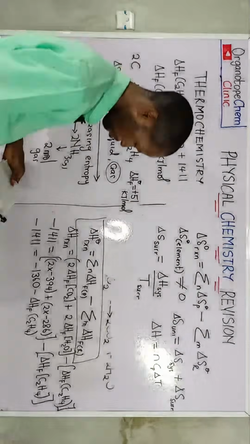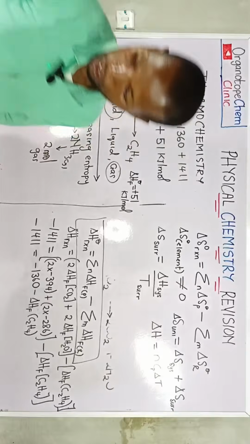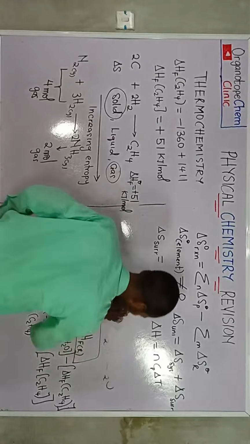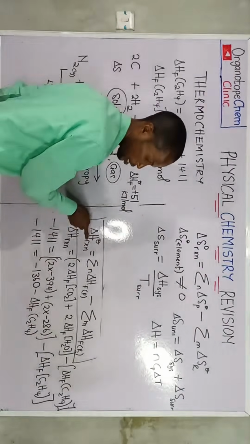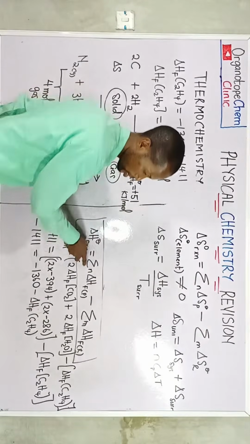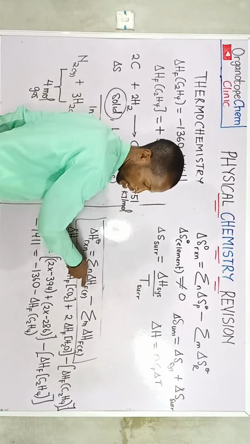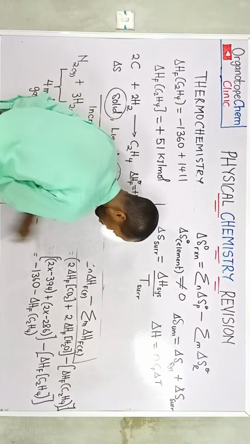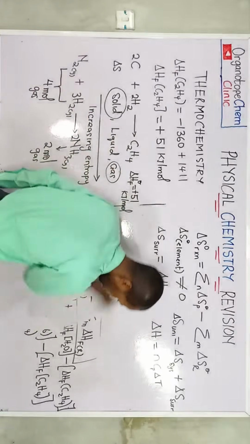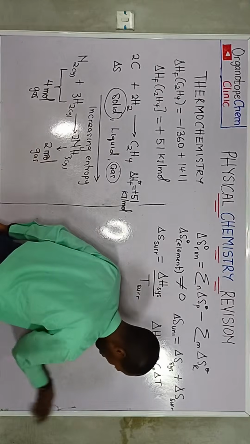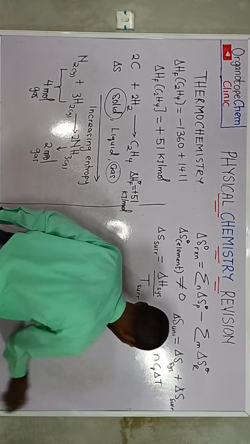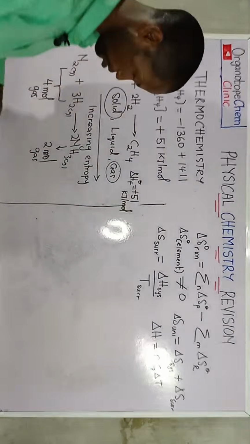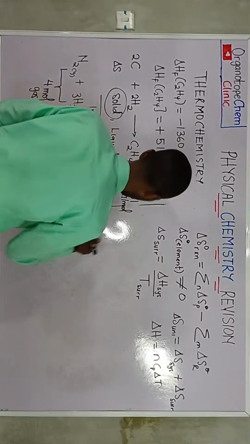So we have a question right here. Let's take this question. Please note this formula. Enthalpy of reaction equals summation of n delta H formation of the product minus that of the reactants. We have a question.